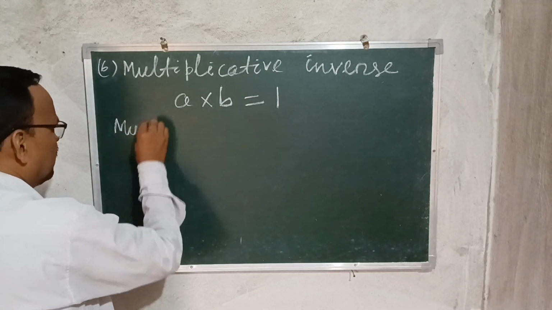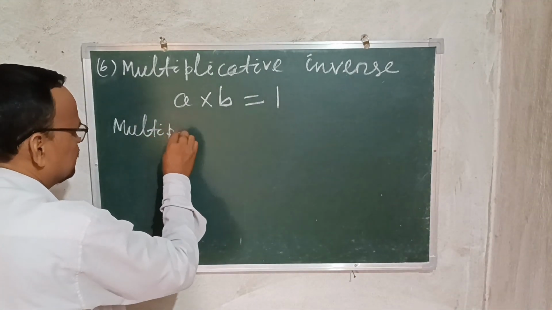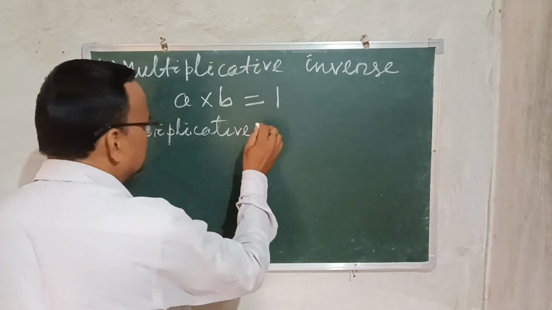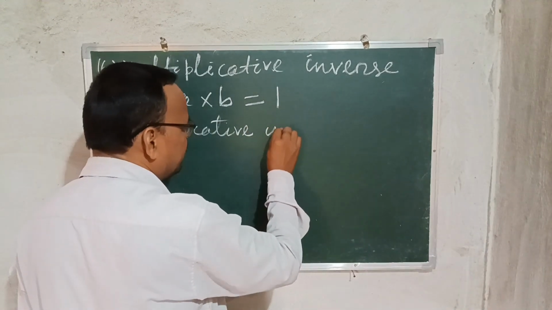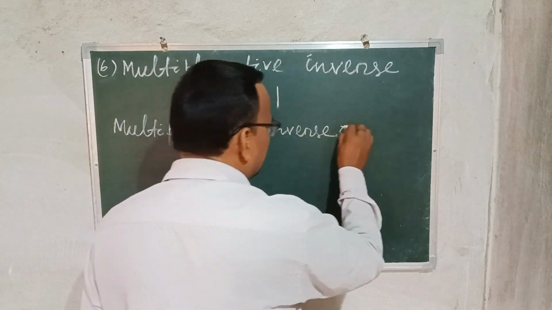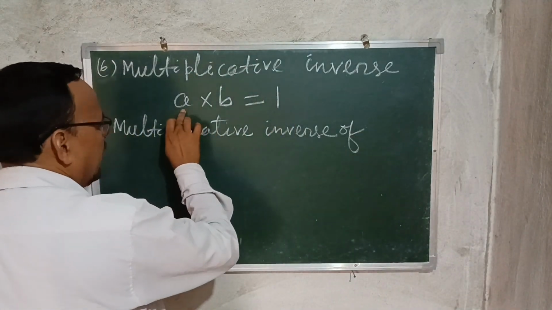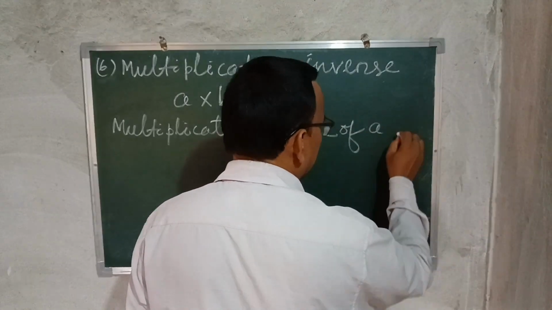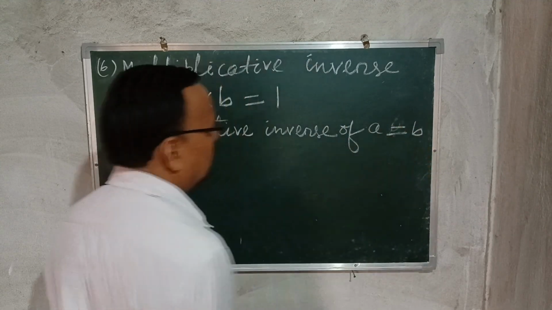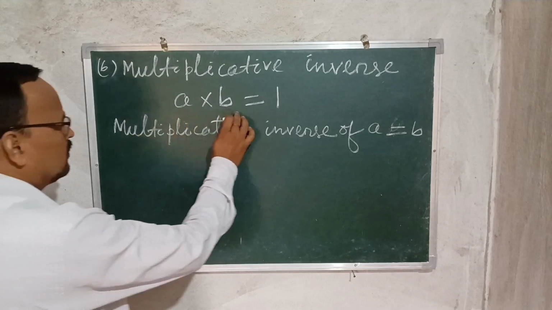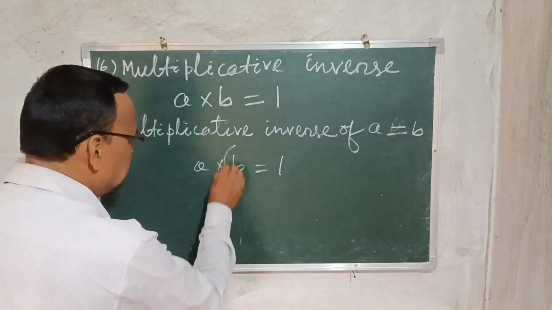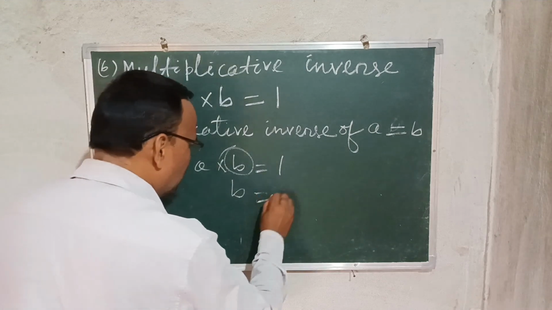So the multiplicative inverse of a is b. A into b is equal to 1, or b is equal to 1 by a.